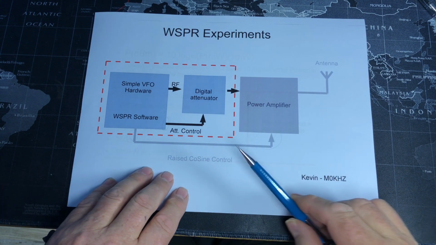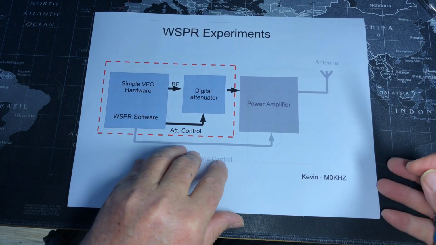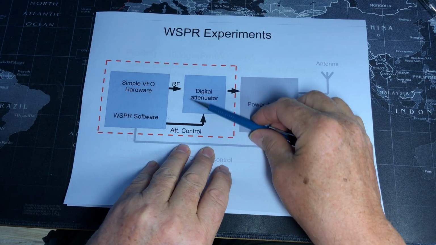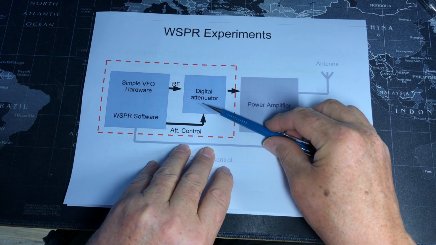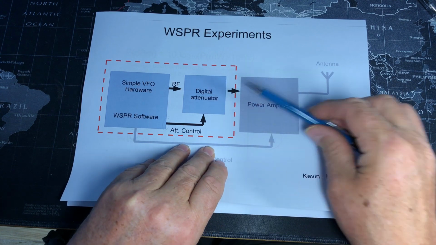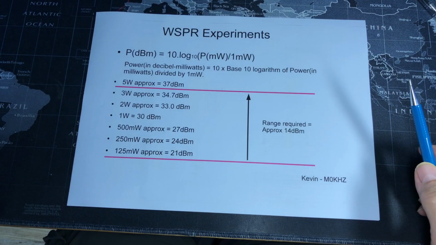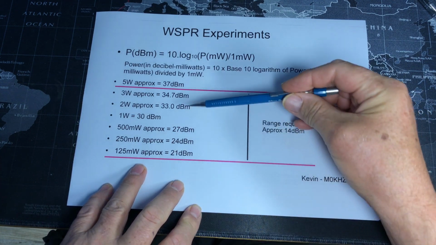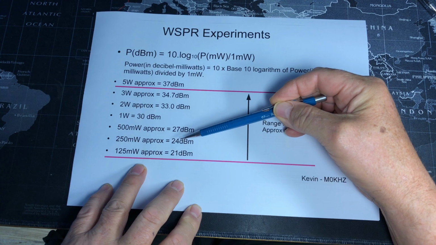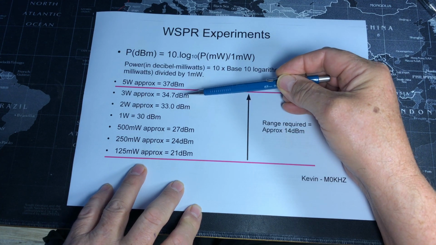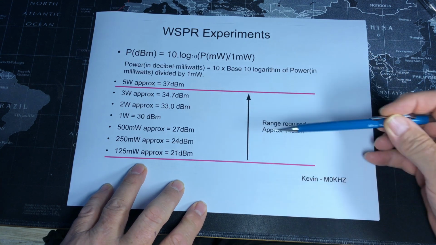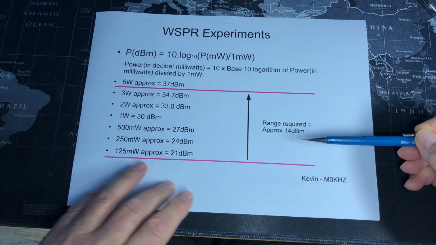So initially, I need to look at the requirements for this digital attenuator. So as I mentioned before, quarter of a watt up to say a maximum of 3 watts. I'm looking at a range of around about 14 dBm.